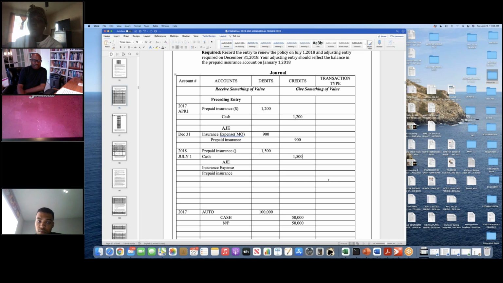With the insurance expense, we already debited $900 for the first part. So for January to March, how much was being expensed? $100 a month, so $300.